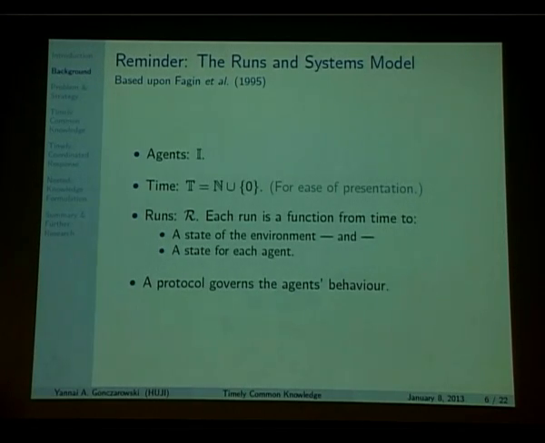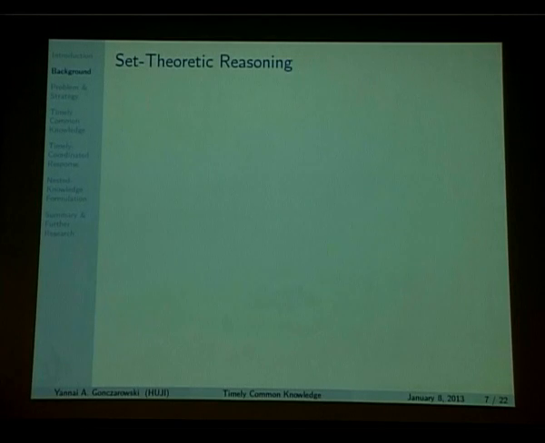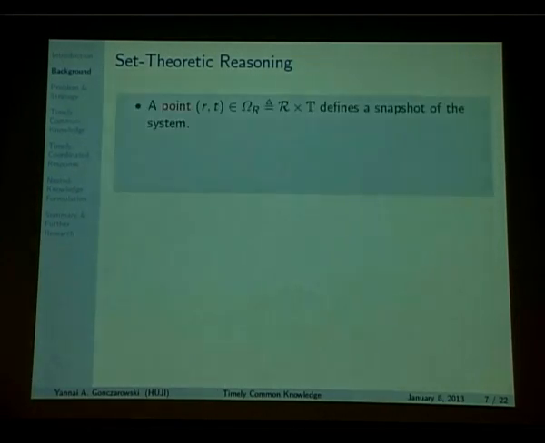And a protocol governs the behaviors of all agents. Each agent has their own protocol, which governs what they are doing at each time point, depending on their state and what they observe. We will not be using logic in this talk. We will use set-theoretic reasoning a la Aumann instead.